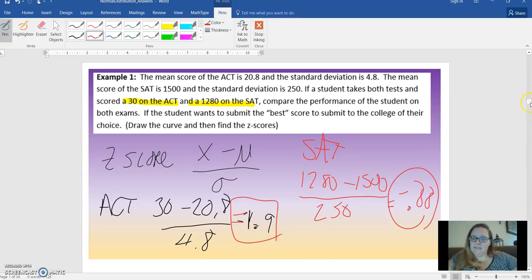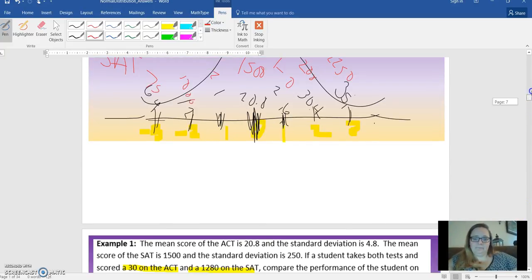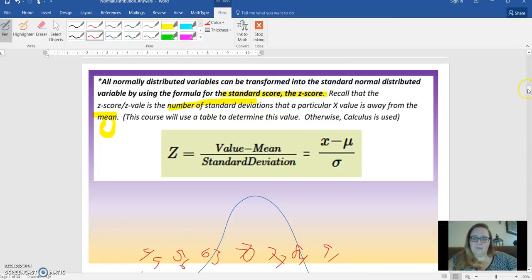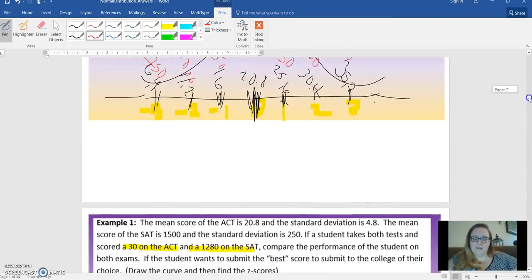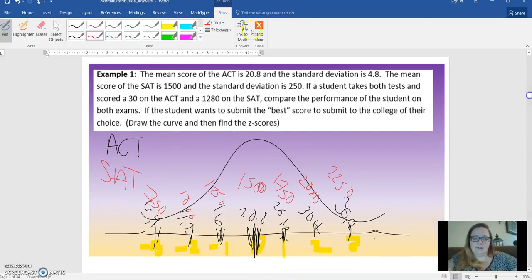Right, so I want to go back up here. So ACT 30 was here. This was ACT, and this was SAT. All I did was find 30 on that number line.